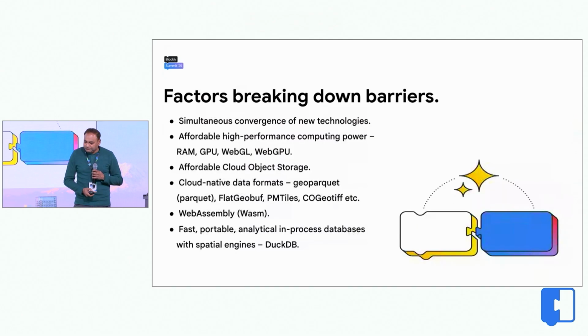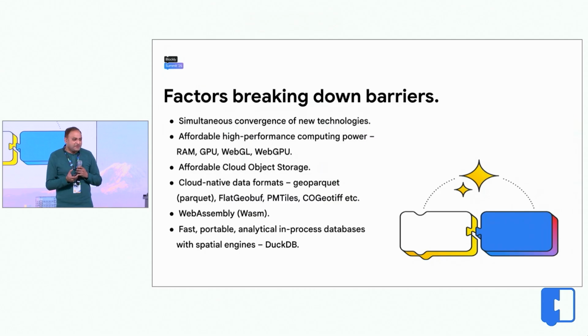Now, in the past few years, there has been improvement in this due to the simultaneous convergence of several new technologies. And this has given rise to what is called modern GIS. Now, today, an average laptop or a desktop is powerful enough to analyze reasonably sized data sets without needing to have special hardware.